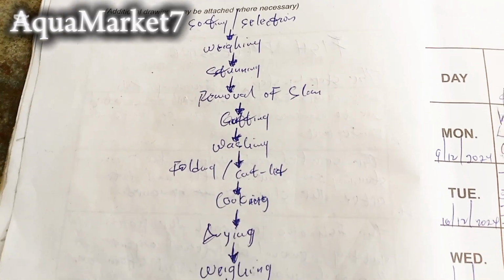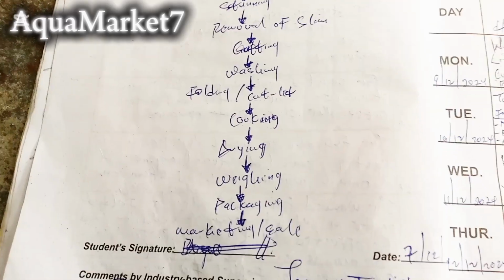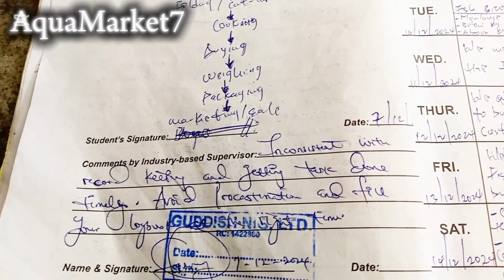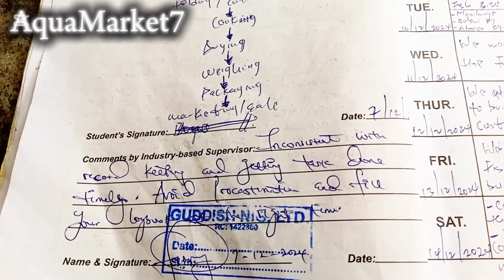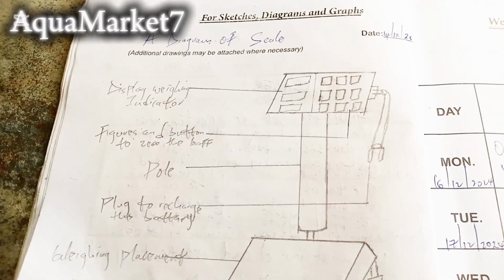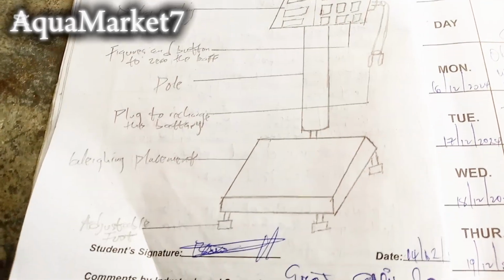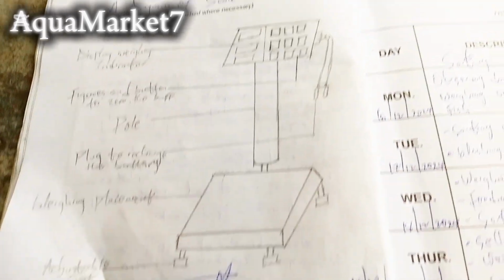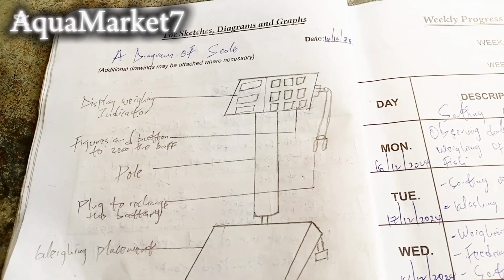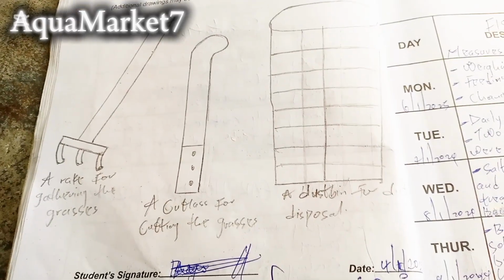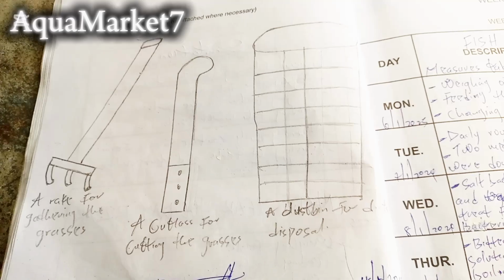Number 1, draw diagrams of equipment and tools used during the week. Example, sorting table. Some materials that you use in that week related to where you are doing your IT should be drawn. And number 2, perform calculations related to your activities.